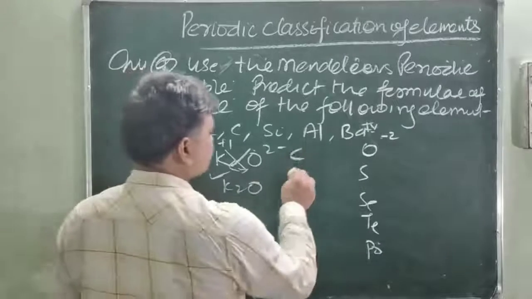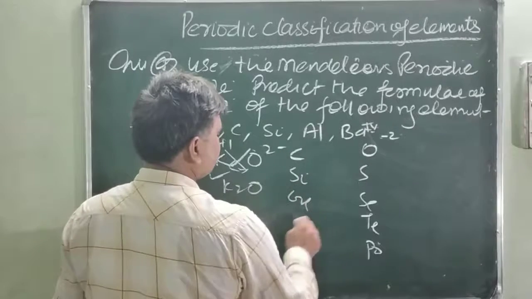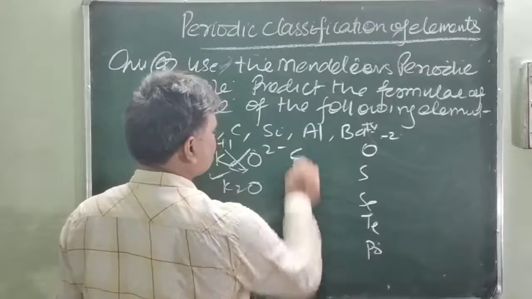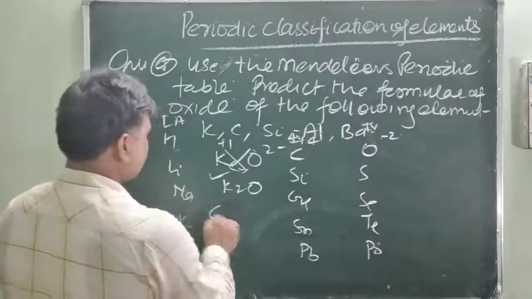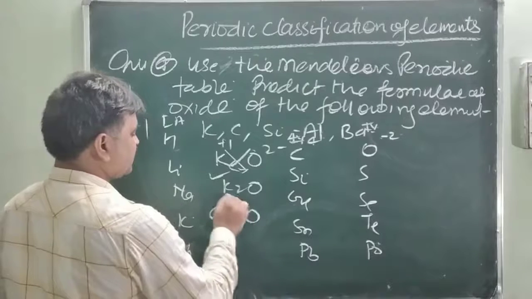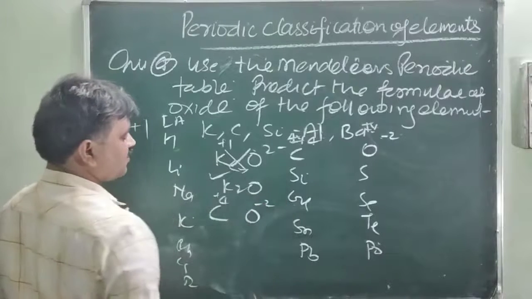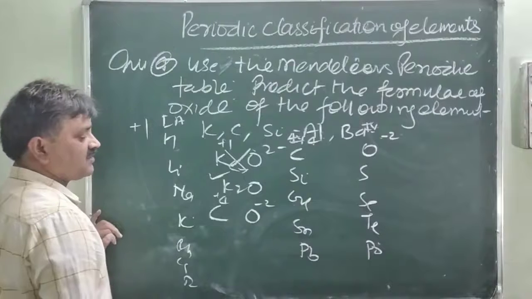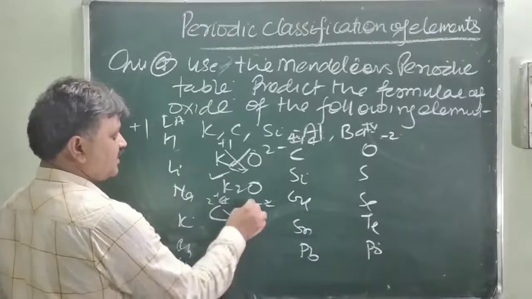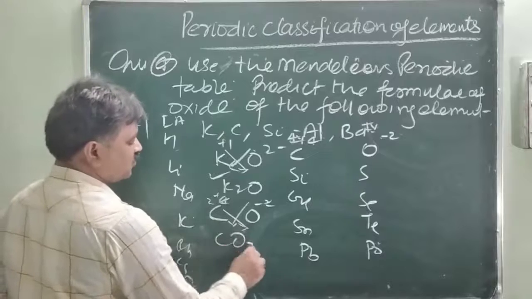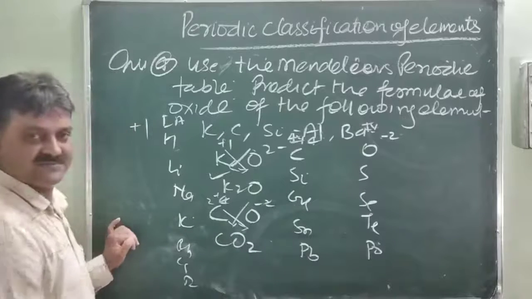Carbon, you know that carbon, silicon, germanium, tin, lead are the 4th group of elements, and their valence is 4. So carbon valence is +4 and oxygen is -2. So what will be the formula? 2 and 4, simply 2 multiplied here, 1 here. This is CO2, carbon dioxide.